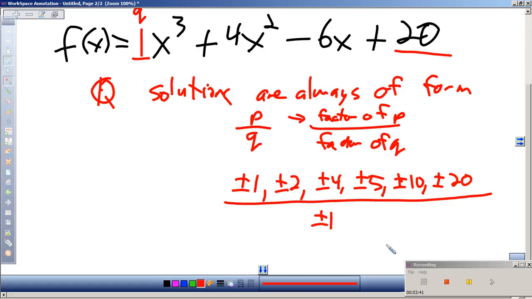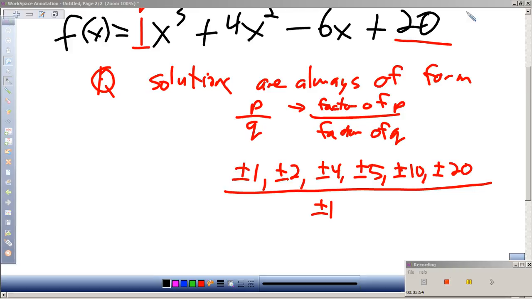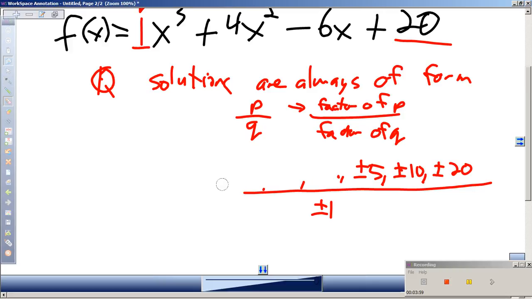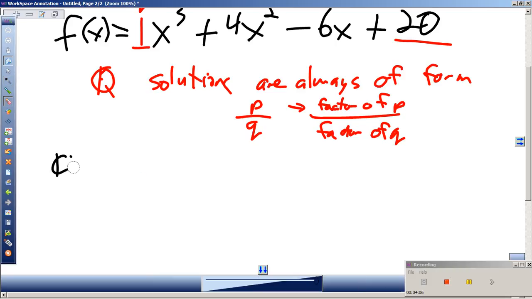Anybody heard of him? Descartes, or the rule of signs? So I'm going to do a helpful arrangement for this. I'm going to erase this so I can still see the function. First we want how many total complex zeros does this have? 3.